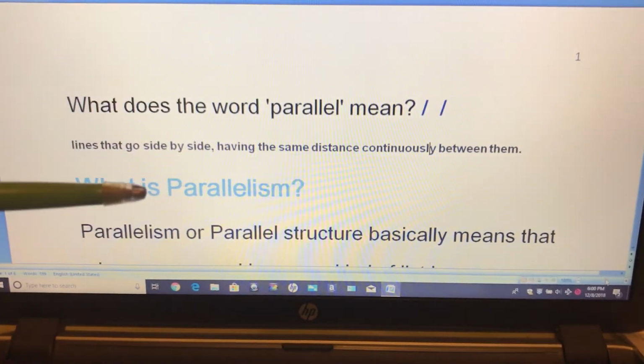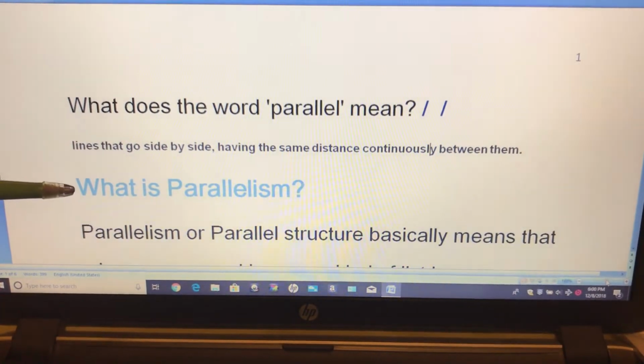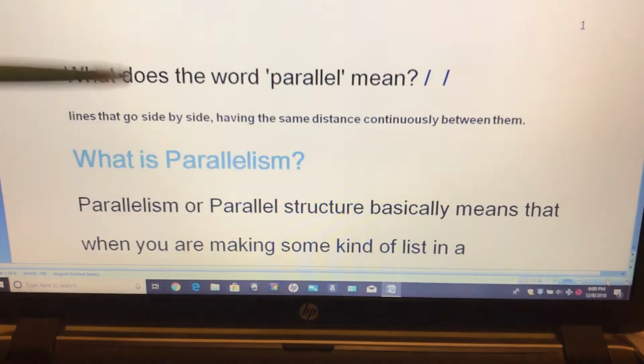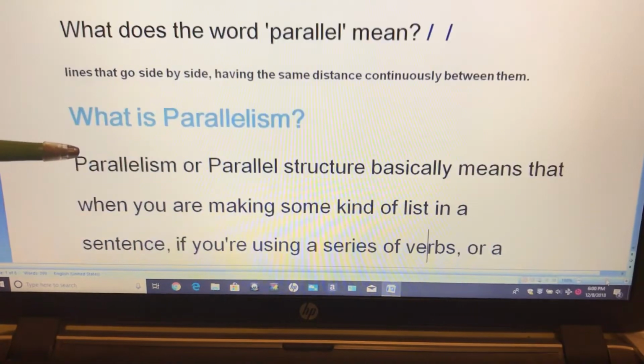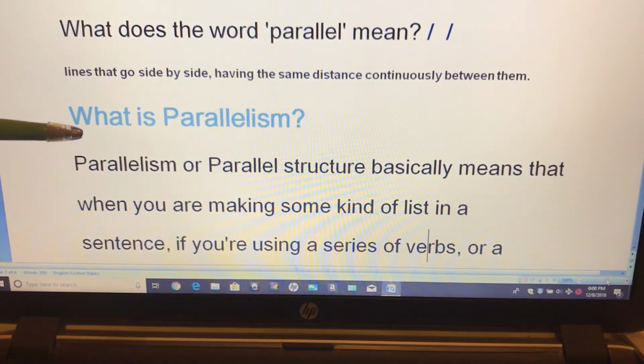It's kind of similar in that sense. This is a diagrammatic interpretation, just to give you a clear idea, which is why it's called parallelism, right?